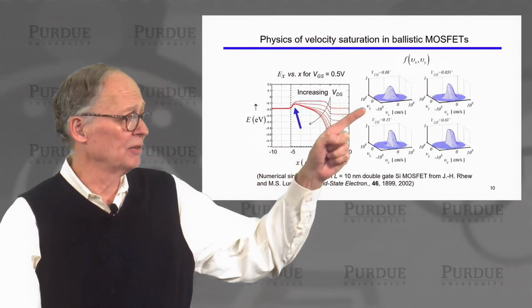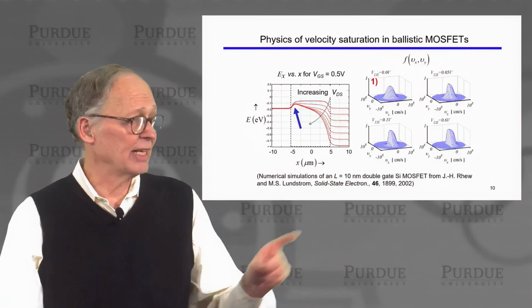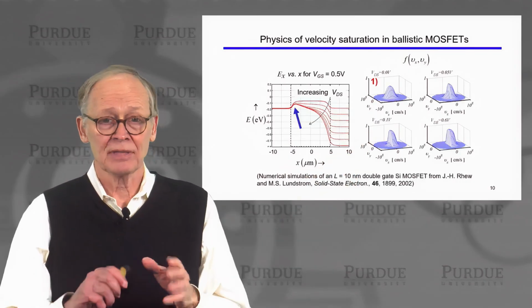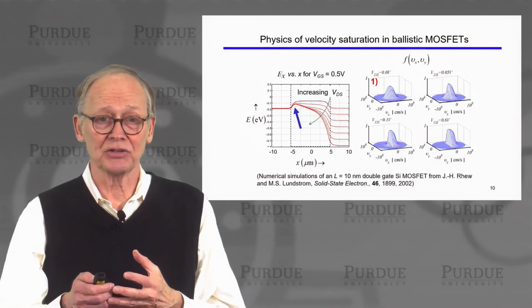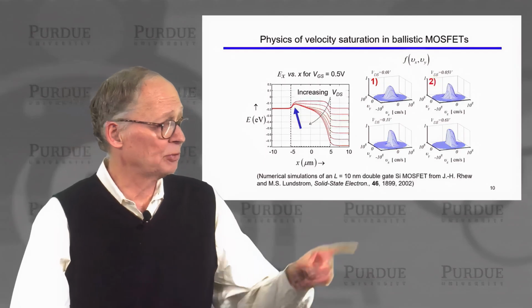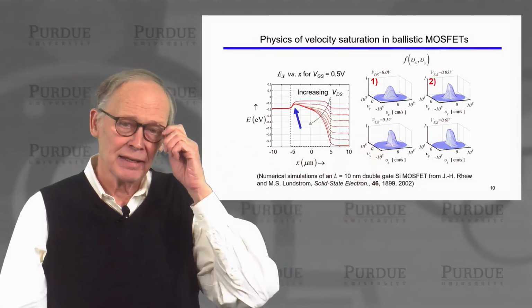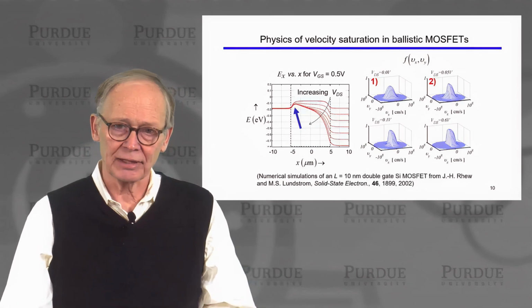If we start out at 0 voltage between the drain and the source, we have an equilibrium Maxwellian distribution of electrons, no average velocity in any given direction. If we apply a small drain voltage, we will lower the Fermi level in the drain, contact 2.